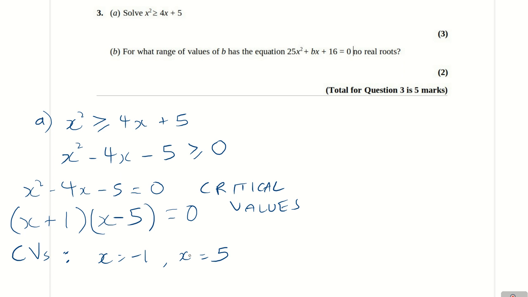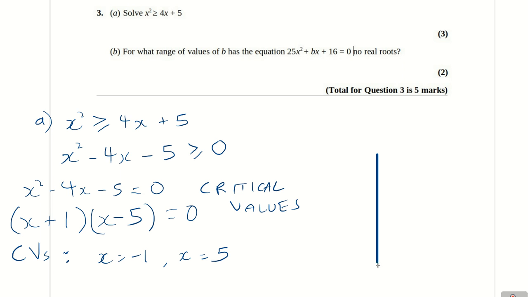So our inequality for x, the values which x can have, are going to have minus 1 and 5 in them, but which way do the inequalities go? Well, the way to do it is to think about what the graph of x squared minus 4x minus 5 will look like.